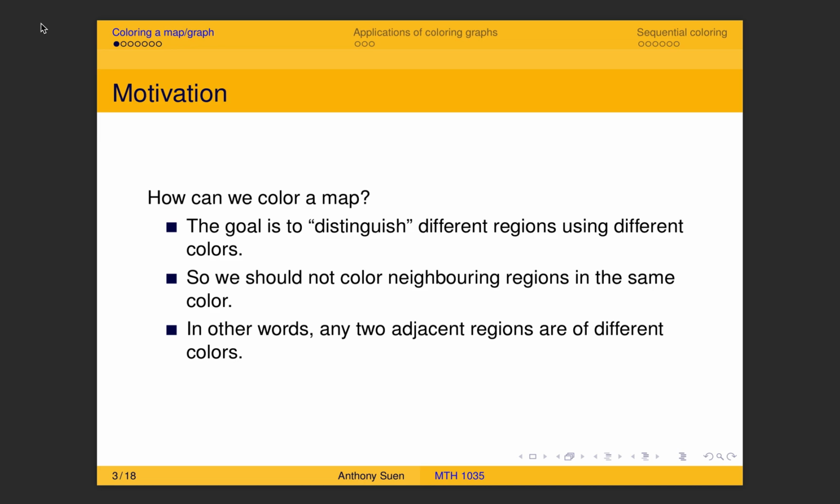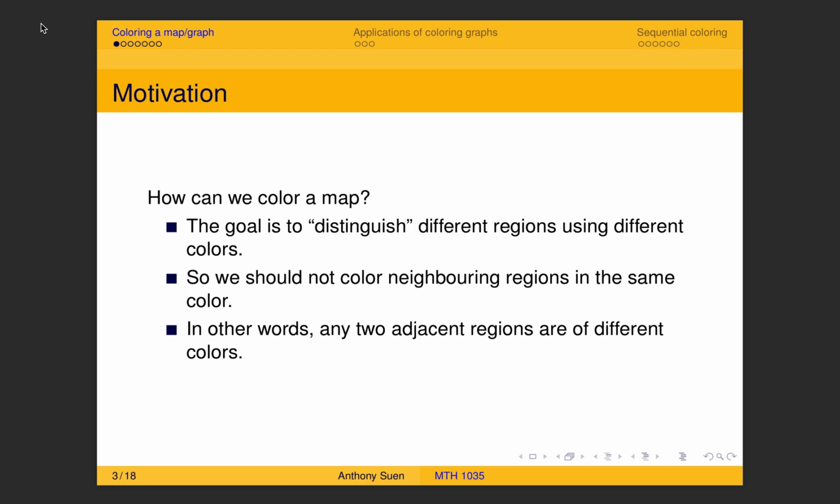If the map is not very complicated, then you can easily distinguish the regions one by one. But what about if it is a very complicated map? Then there are so many regions, and it's not that easy to separate the different regions inside the map. So it's better for us to use some color.